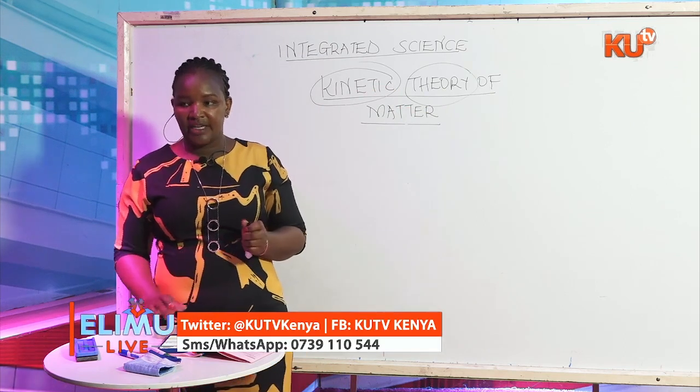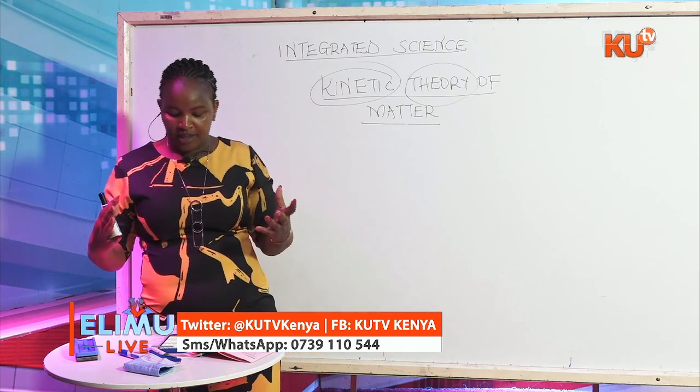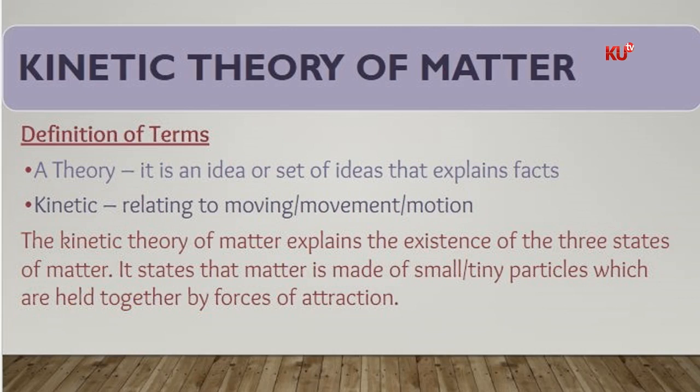I want to define the kinetic theory of matter. Like a theory, it is an explanation. It is an explanation about the existence of the three states of matter. We have already said that matter exists in three states. So this theory will explain how matter exists in the three states. This theory also states that matter is made up of small or tiny particles, and to bring in other terms, these particles could be either atoms or molecules.